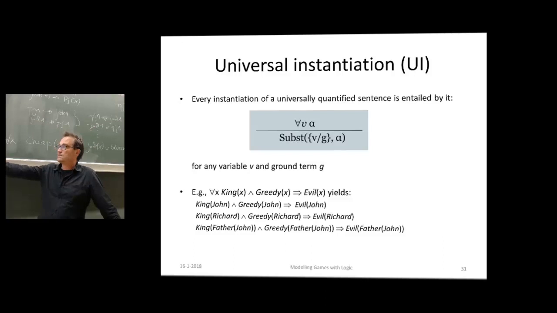So let's look at this example from the slides from yesterday. If you have an axiom saying for all x, king and greedy implies evil of x, then you just have to multiply it by all the possible groundings, all the possible instantiations.